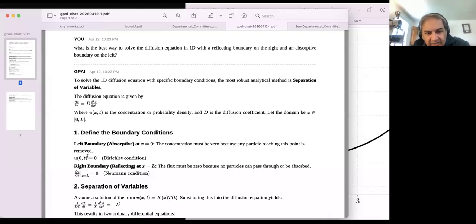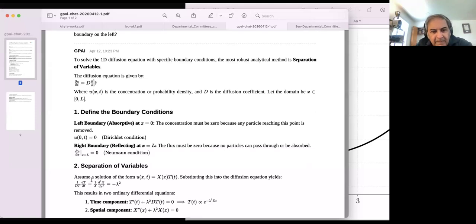In one case, it turns out to be a Dirichlet condition. Particle gets absorbed, the density disappears. And the other is a Neumann condition, where the first derivative, the variation of rho or u with x at x equal to L is 0, because it bounces around. Now, if you do that, you see, then you can write this equation in the following form.